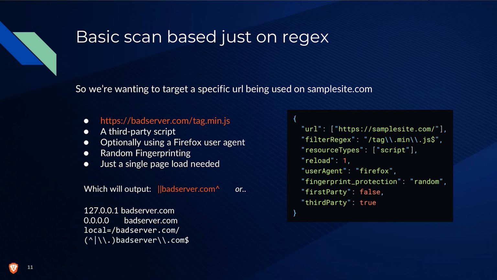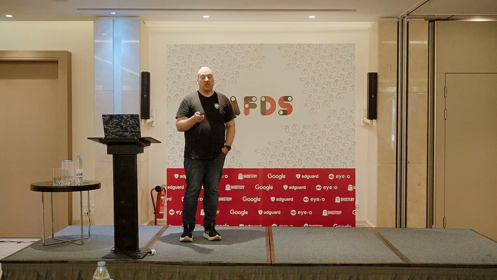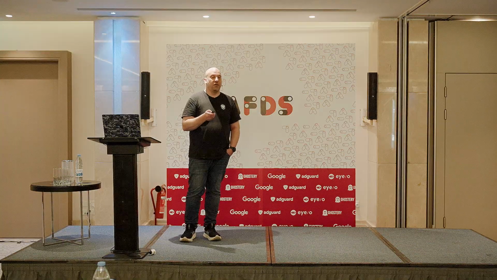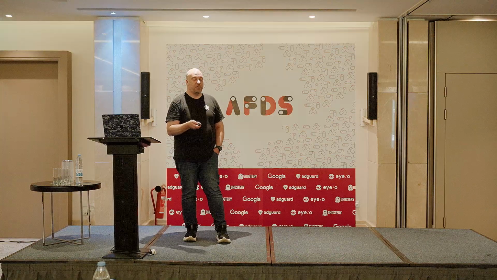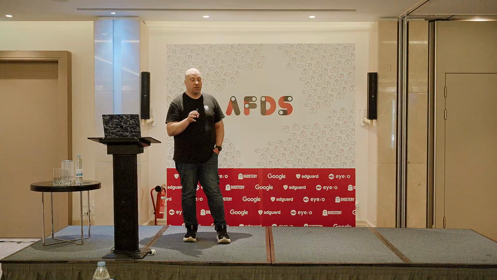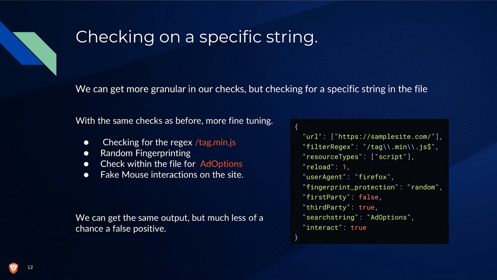But then there's also the downside that you're only checking the regex. So if there is another domain that's using tag.min.js, there is potential for false positives here. You'd obviously get more than that domain if you're only looking at that tag.min.js. So why not search for the string?